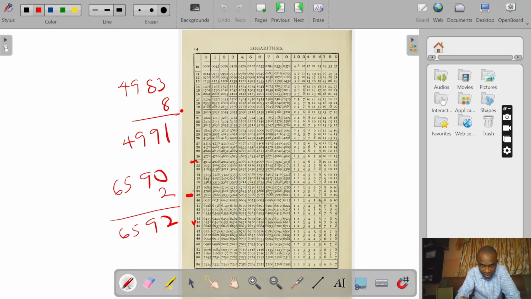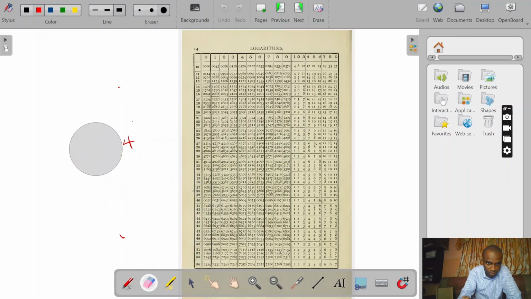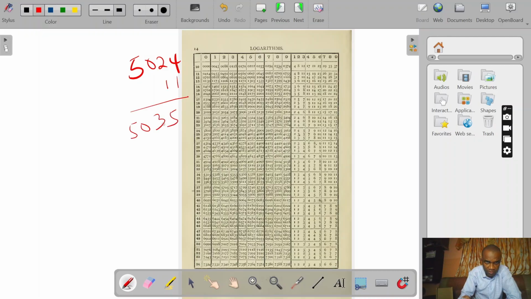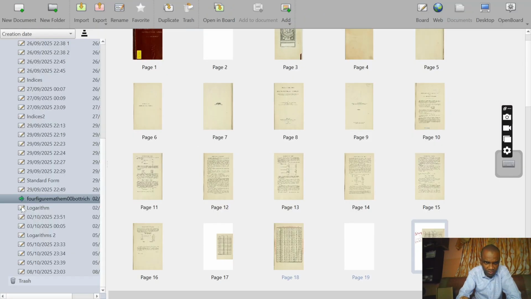Difference 8 is 11. So I just add 11 to it. That will give me 5035. So let me go enter it. 5035.